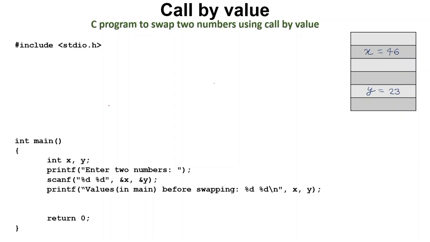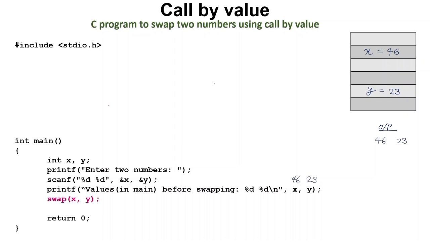Next is printf values in main before swapping. So what will be printed on the screen? What are the values of x and y? x is 46 and y is 23. So on the output screen you will have 46 and 23 displayed.